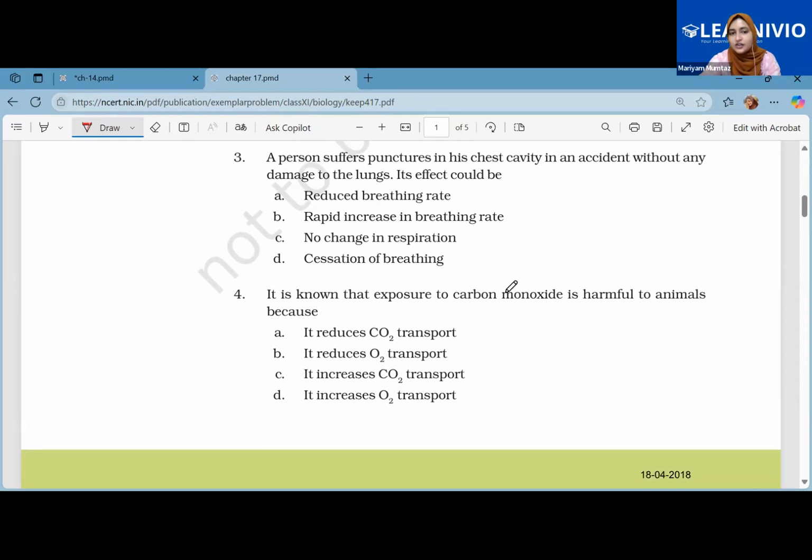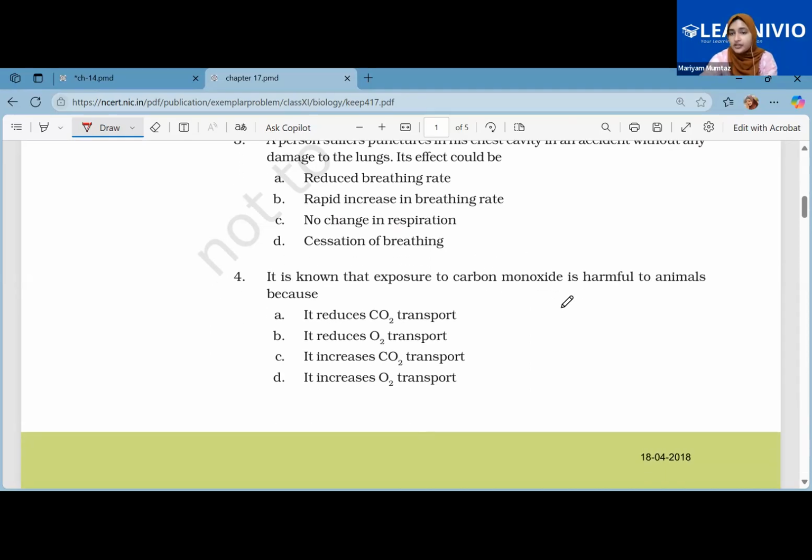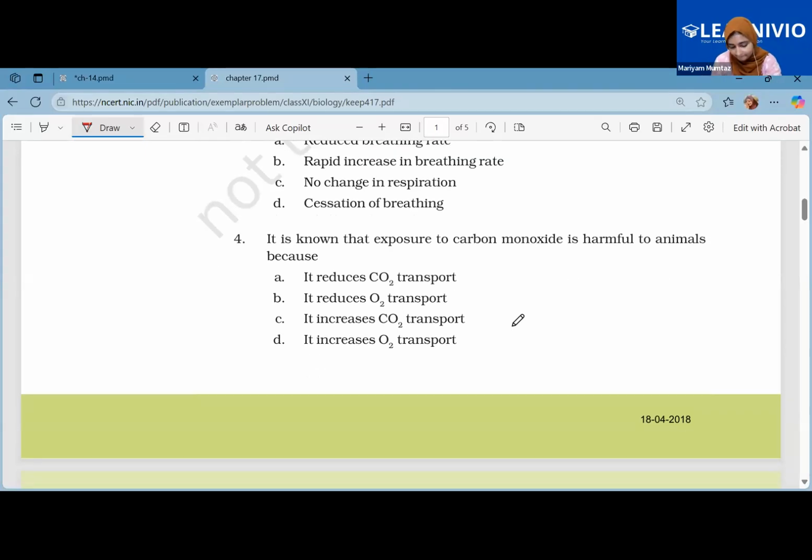All right. Now, it is known that exposure to carbon monoxide is harmful to animals because... B. B. It reduces oxygen transport.